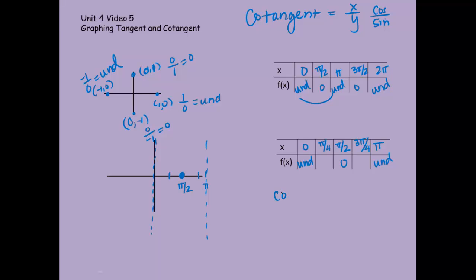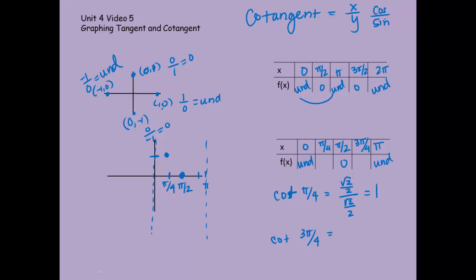So if we were to take the cotangent of pi over 4, and we looked at the cotangent of 3 pi over 4, the cotangent of pi over 4 is positive 1. So positive 1 is pi over 4.